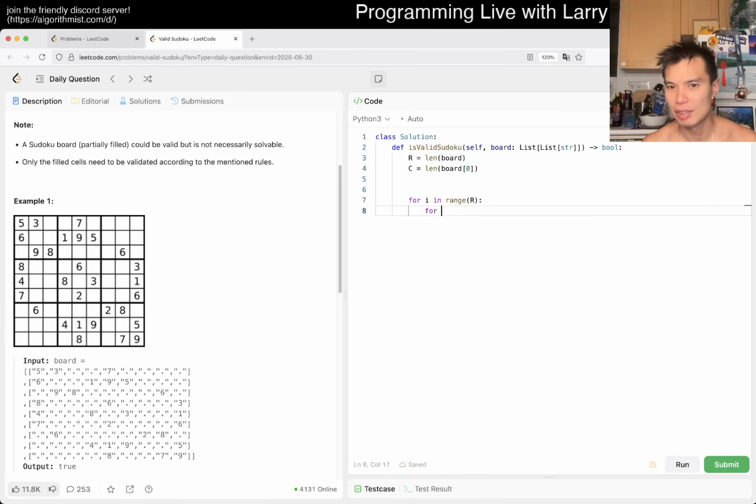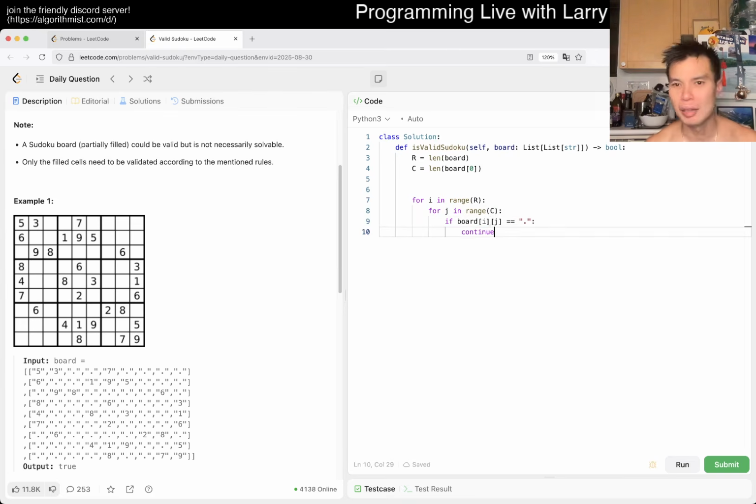Then what do we want to do, right? So we have rows. For each row, we have, let's just say, how do we want to do it?